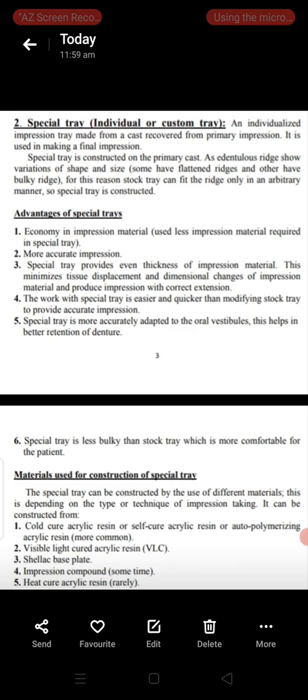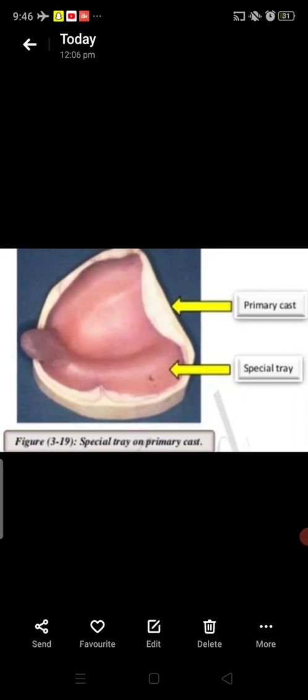Because of edentulous ridge variation in size and shape, and therefore we should make a separate tray for that patient, whether it has bulky ridges or flat ridges. Now look at this: in white there is a primary cast, and above the primary cast we have a special tray which we made from self-cure acrylic resin.